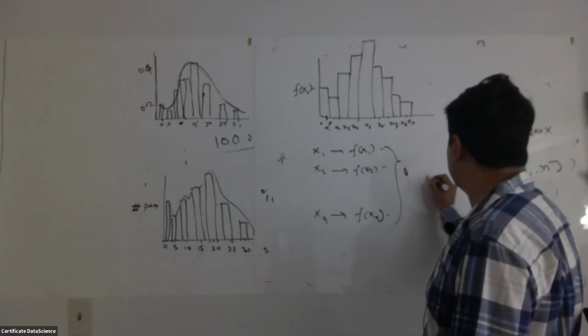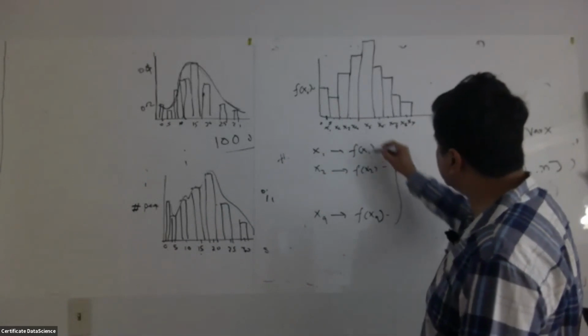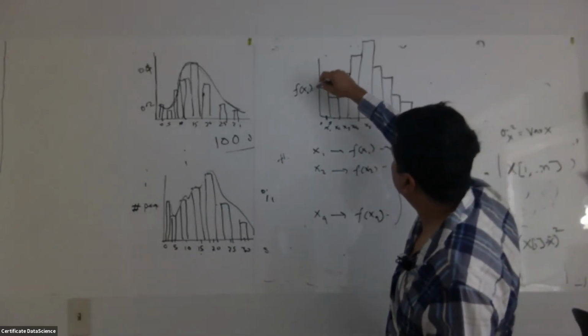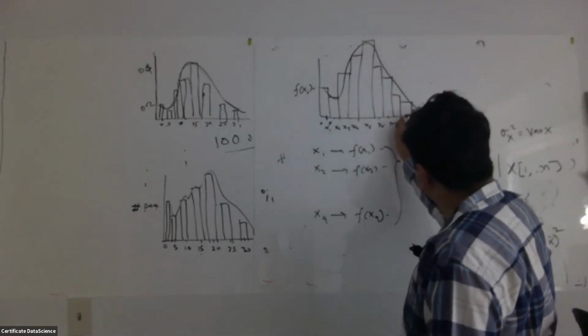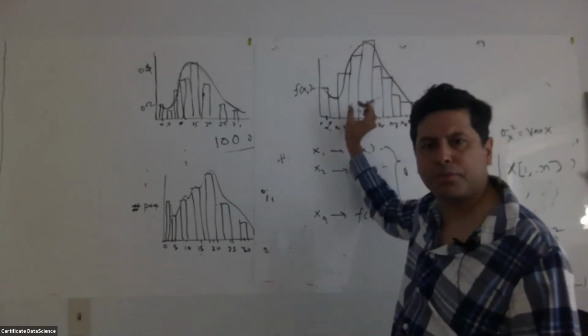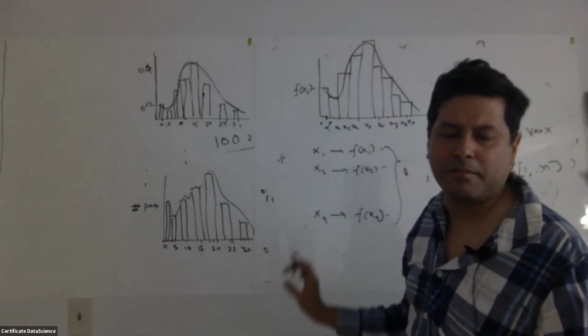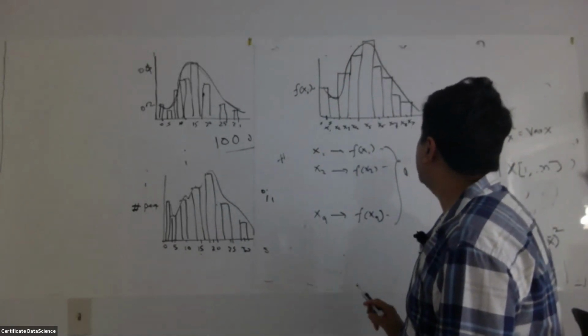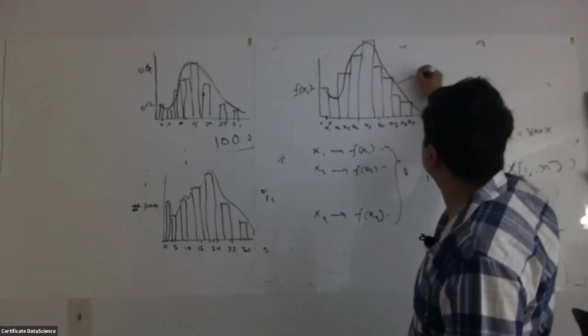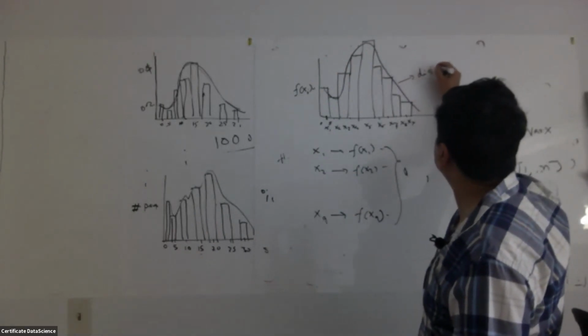That's all. So this f, the shape, is called a distribution when it is taken continuously, as these strips get smaller and smaller. But to make them smaller and smaller, you need more and more data. So that is the idea of a distribution: how things are distributed.